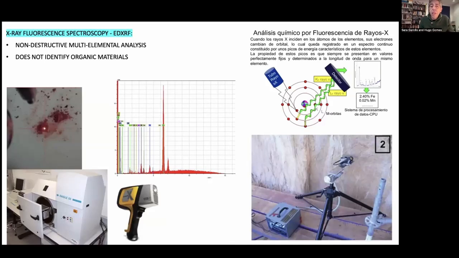The problem is sometimes when we have calcite layers over the pigments, of course, the result will be just calcium related to this, and we don't achieve the real composition of the pigment. And the other problem is that it is not useful to identify, for example, the organic material that could be preserved in the pigments.